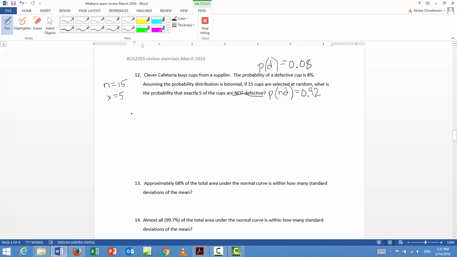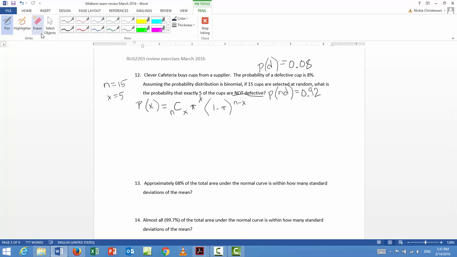Okay, so now it's just a matter of using our formula, which I'm going to write here. The probability of x is nCx times pi to the power of x, times the quantity 1 minus pi to the power of n minus x.